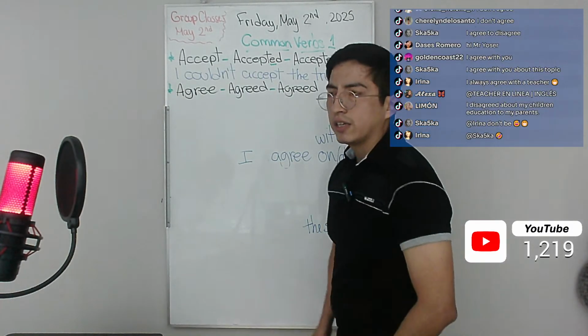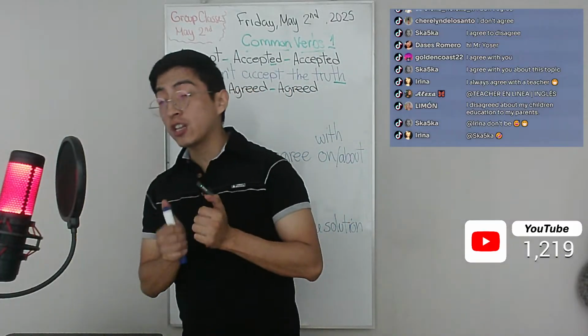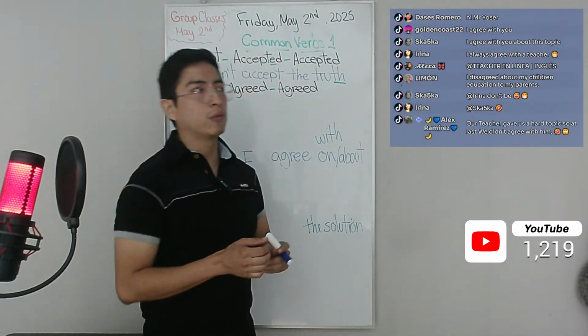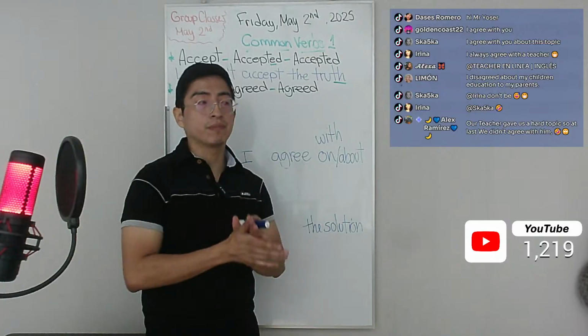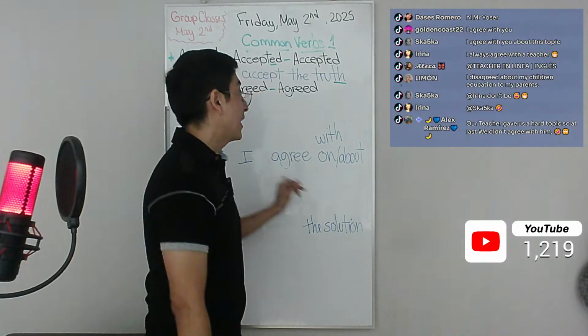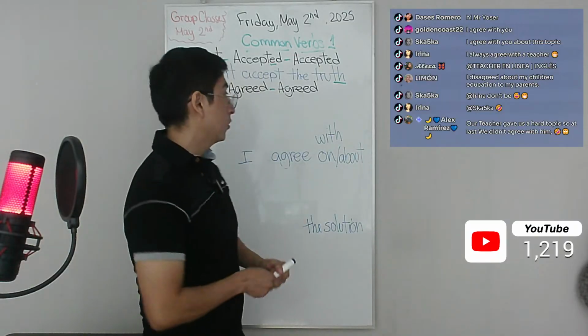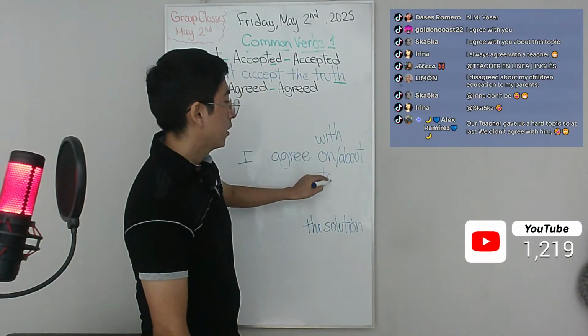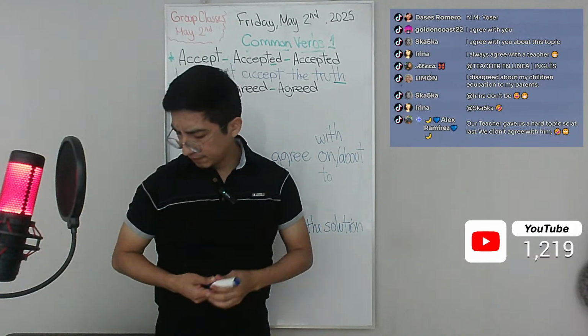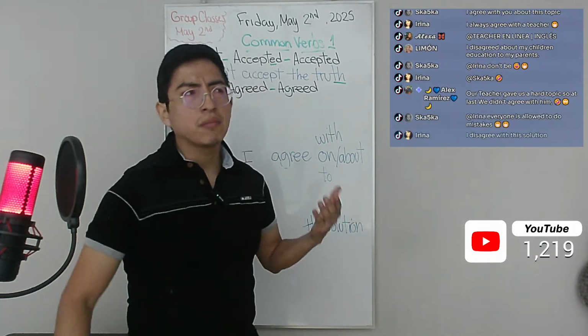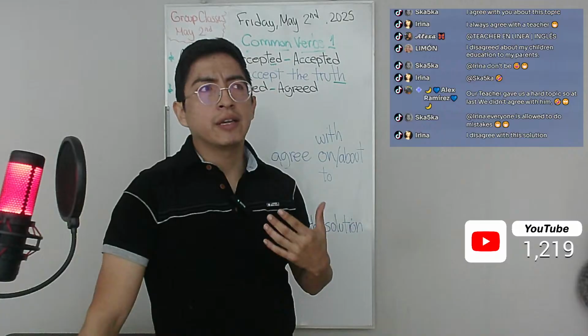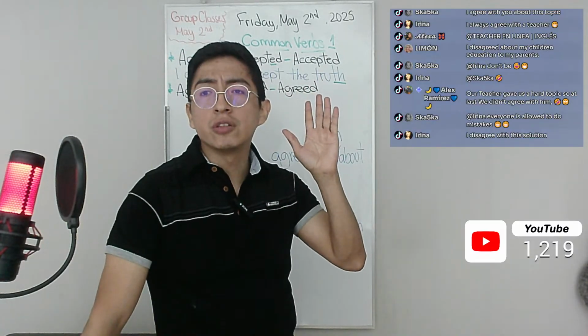Okay. I agree about using social media with a limited time for children. Okay. I agree on, I agree with. Other, we can use I agree to. I agree to forget this situation.